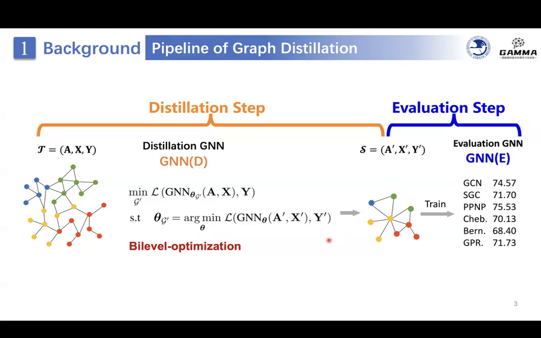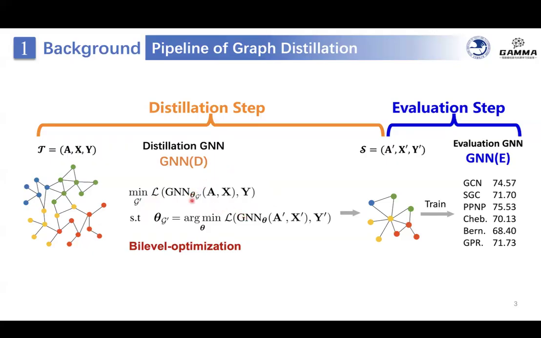And the direct solution in the distillation step is formulated as firstly obtaining a GNN, that is theta G prime, by minimizing the training loss on this synthetic graph. And then this GNN is used to minimize the training loss on the raw graph to optimize the synthetic graph.